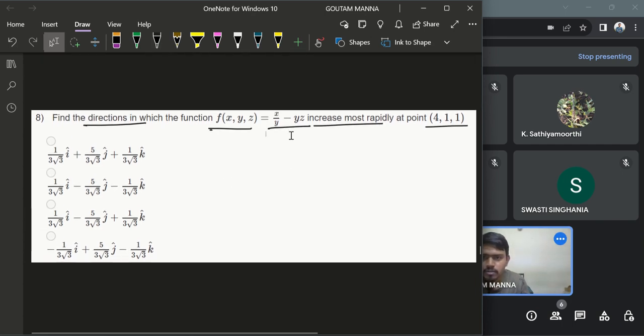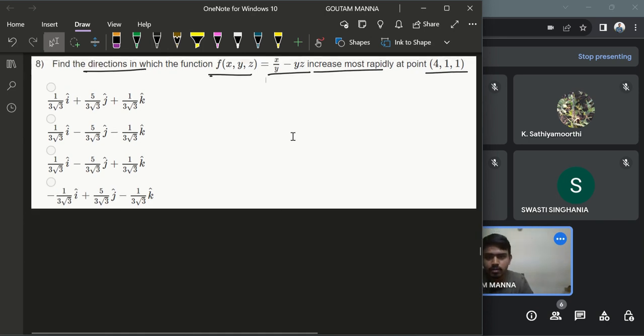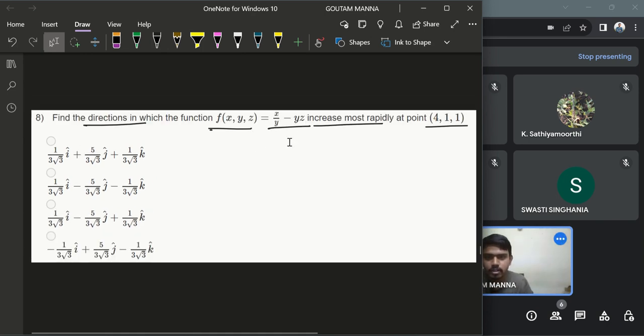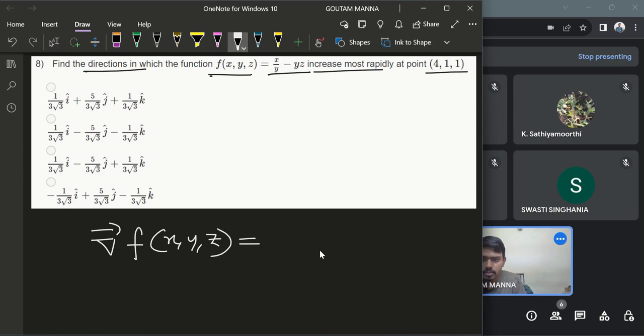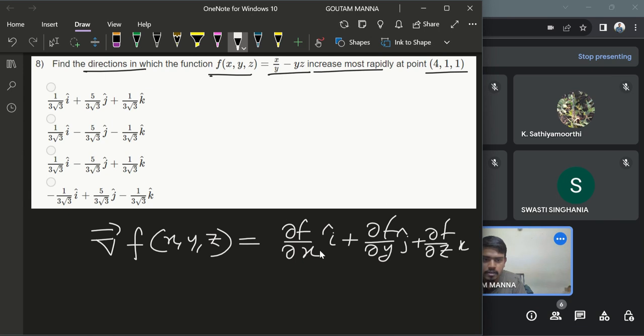To check the increase of the function, in the direction where the function is increasing as we are changing x y z, we have to find the gradient of f, which is del f del x i cap plus del f del y j cap plus del f del z k cap.